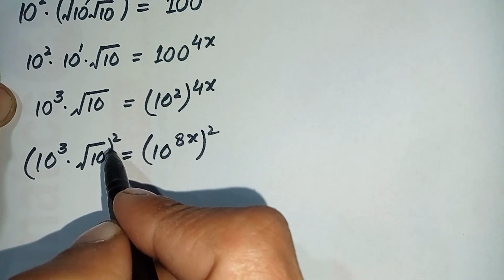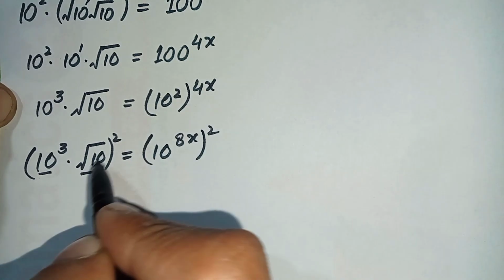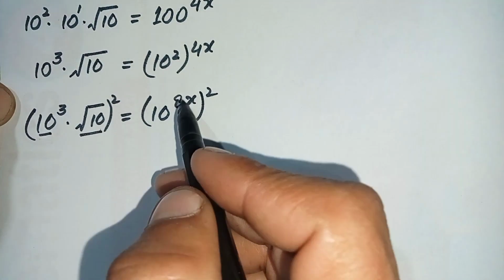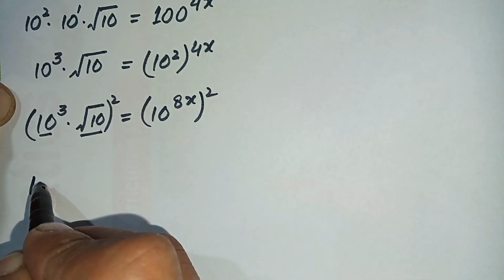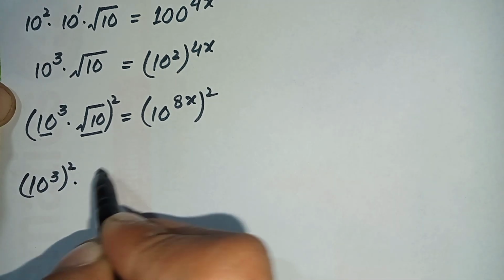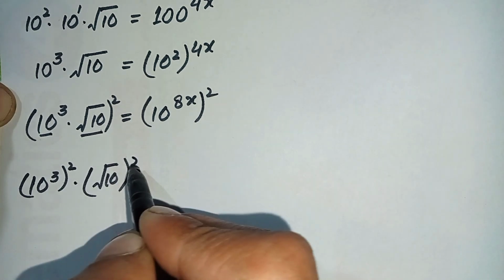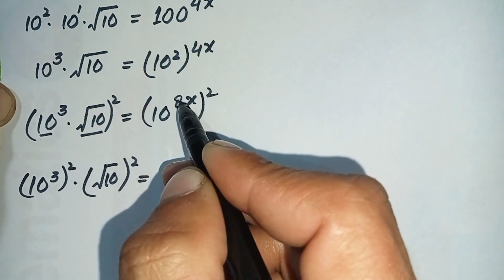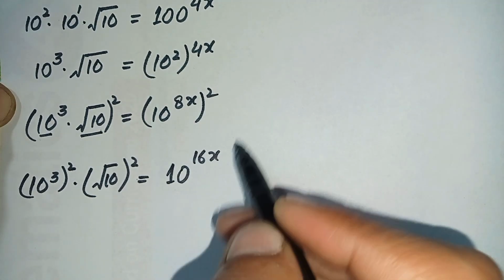So here in the left hand side, this square will be applied on these two numbers, 10 raised to power 3 and square root of 10, and here we will use the exponential property and we will multiply the powers with each other. So this equation will become 10 raised to power 3 whole raised to power 2 times square root of 10 whole raised to power 2 is equal to 10 raised to power 8 times 2 is 16, 16x.